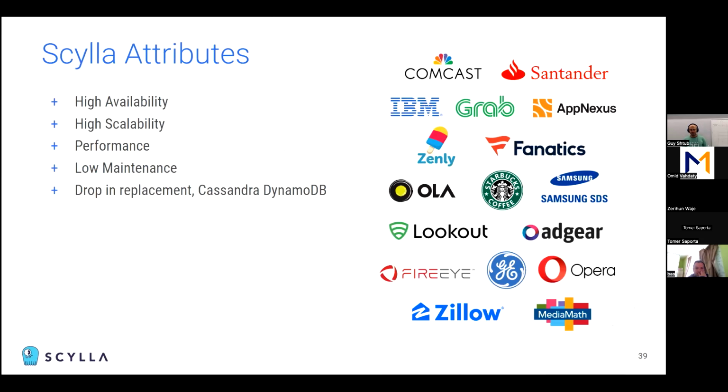Some of the attributes of ScyllaDB, I mentioned we give a preference to availability over consistency. And that means that even if there is a network failure, some nodes are down, there's an earthquake, a fire, whatever, the idea is that the data will still be available, and that means that the database will still be serving requests.